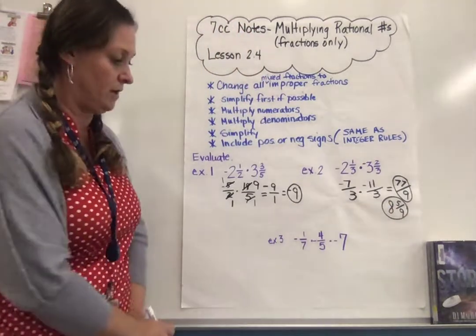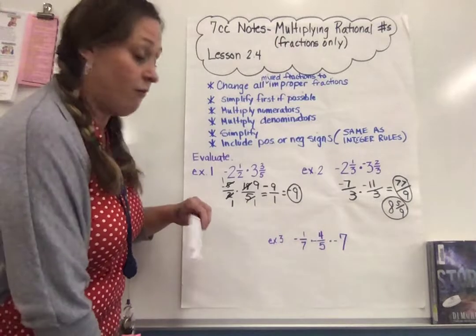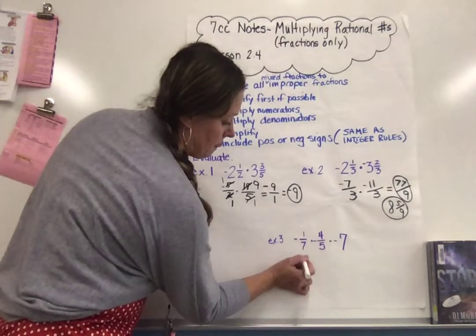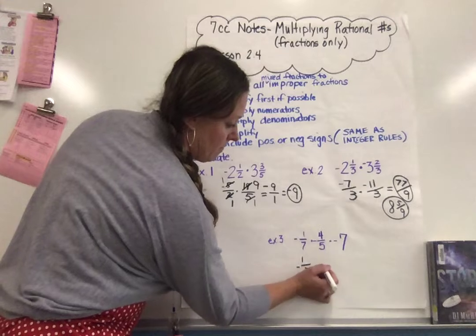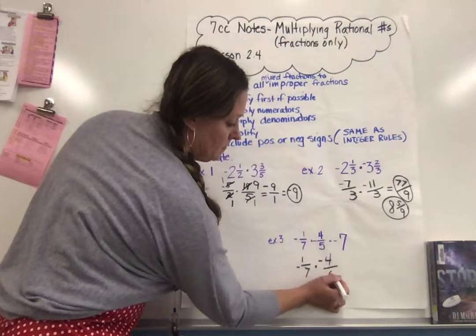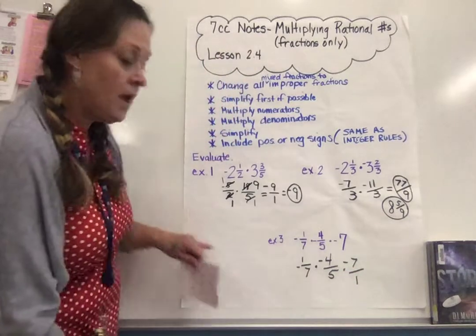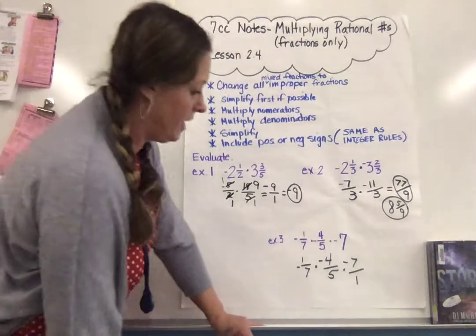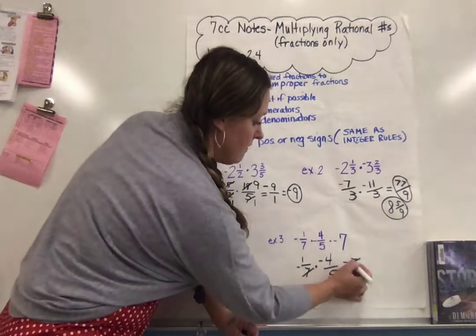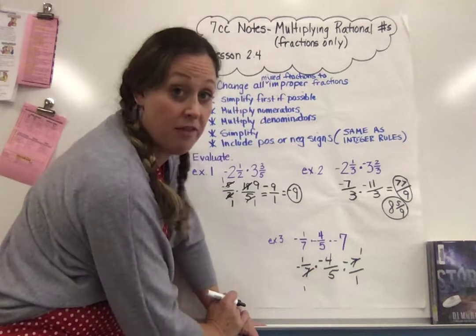In example 3, I'm going to make sure that all my fractions are improper. I'm going to change that 7 to a 7 over 1. Now I'm going to look, can I simplify anything before? 7 and 7 is 1, and then there's nothing else.